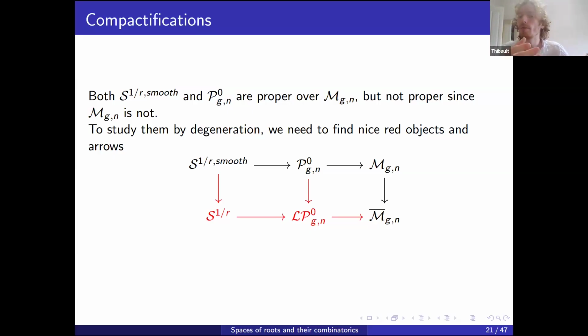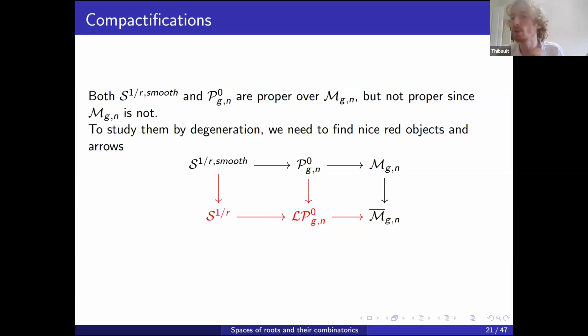So if I give you a curve with a bunch of local equations at the nodes, and let's say all of the smoothing parameters, uv equals something, all of the somethings already have an rth root, then my space of roots is as big as it could ever be. It's not going to get bigger if I change my equations.